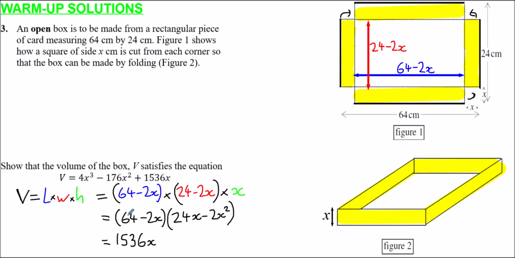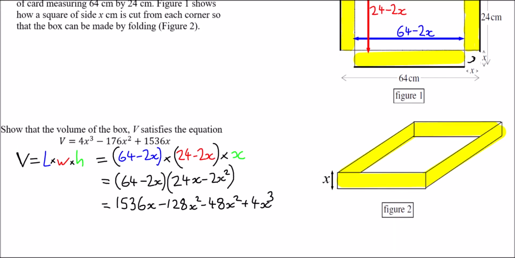Then 64 times minus 2x squared gives me minus 128x squared. Then minus 2x times 24x gives minus 48x squared. Finally, minus 2x times minus 2x: minus times a minus gives me a plus, 2 times 2 is 4, and x times x squared gives me x cubed.